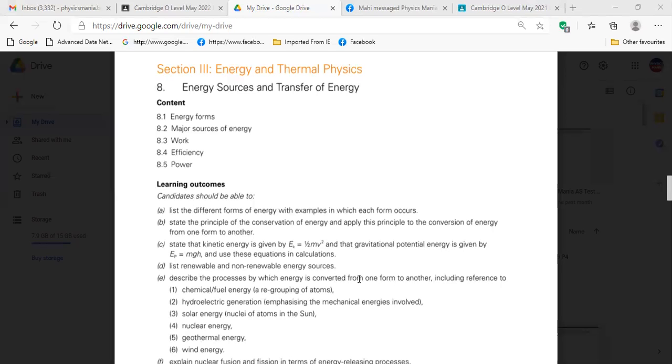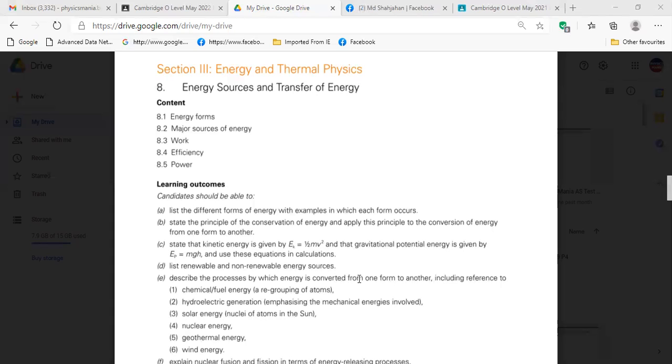We also discussed that the chemical energy in fossil fuels is used in the thermal power station to produce electricity. So their chemical energy first converts to heat energy, then kinetic energy, then finally electrical energy, right? Yes, sir.